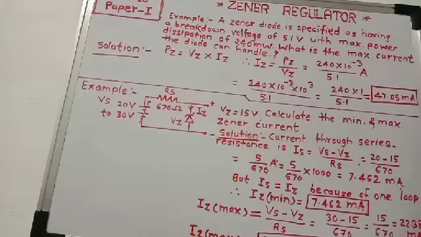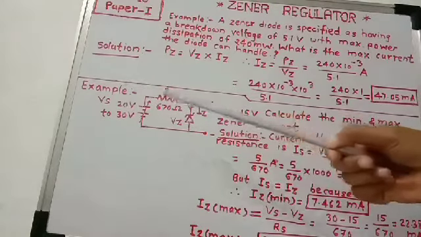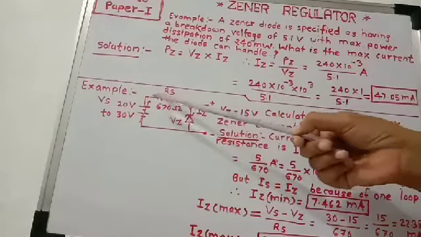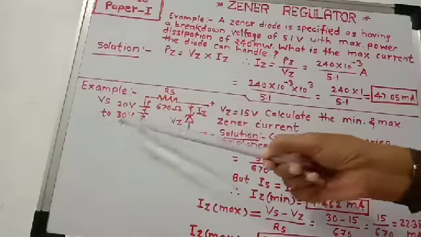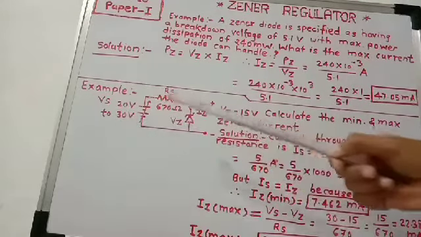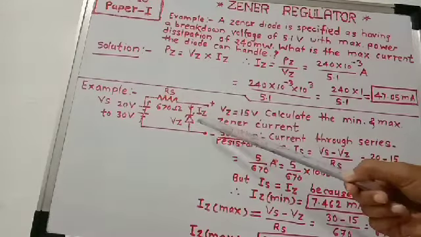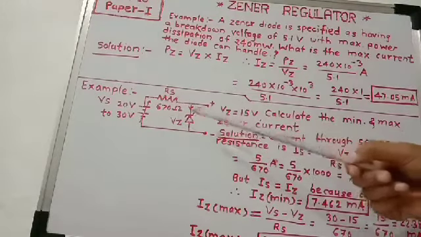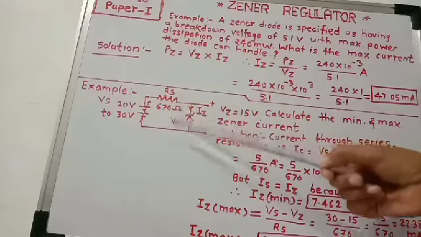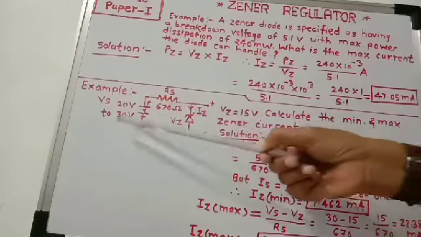Now IZ maximum. IZ maximum is equal to Vs minus Vz divided by Rs. So Vs is 30, 30 minus 15, that is 15 volt, that is 15 plus 15, 30.